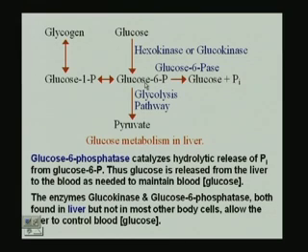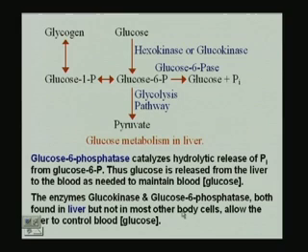The enzymes glucokinase and glucose 6 phosphatase are both found in liver, but not in most other body cells.